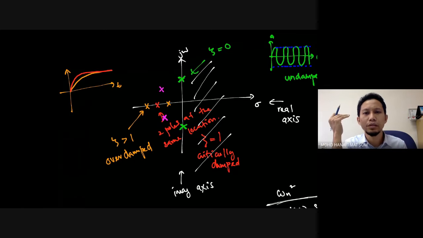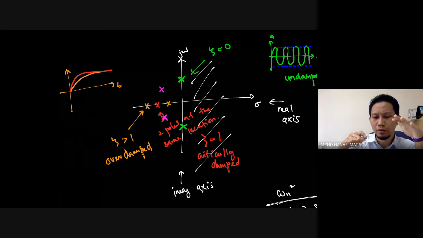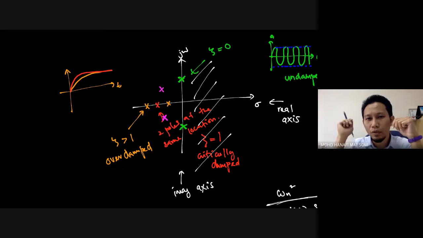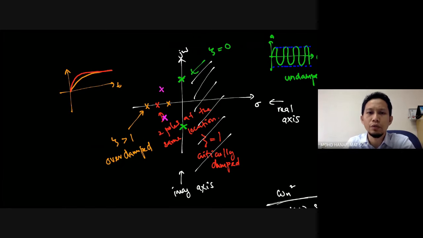Unstable system is one we cannot control. If we press the button at the 4th floor, I don't think we have control over it. Maybe it goes beyond the floor, it goes outside. We don't want the system to be unstable. That's why we'll focus on the left-hand side of the S-plane.